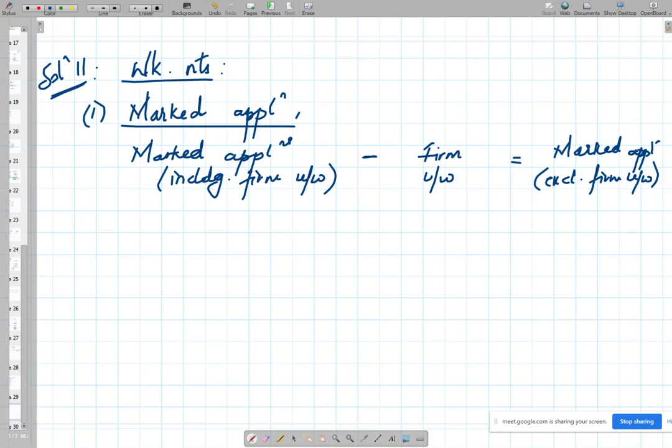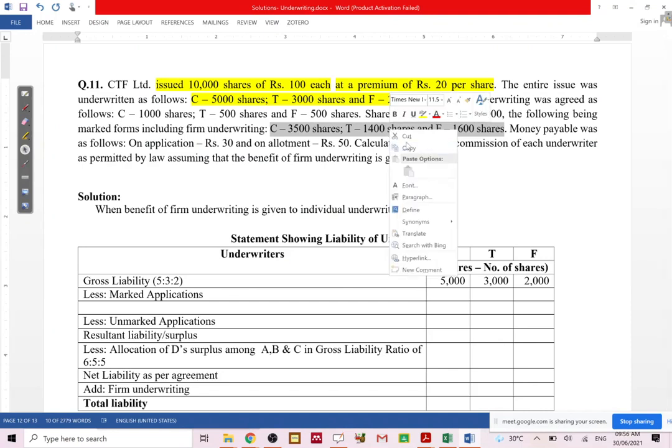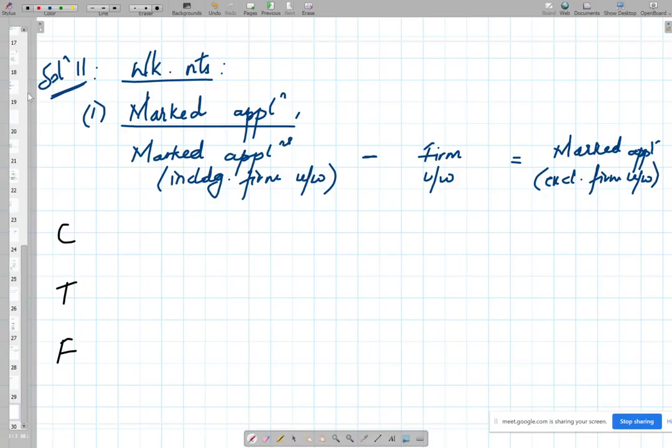So you have three people, C, T and F. Let's see how much marked applications are given. Including firm underwriting, the marked applications are 3,500, 1,400 and 1,600.